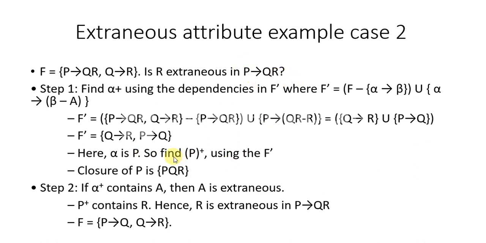Here alpha is P, so P plus is PQR, which contains this A, which is R. So P plus contains R. Hence R is extraneous in P to QR. Okay, and F is P to Q and Q to R.